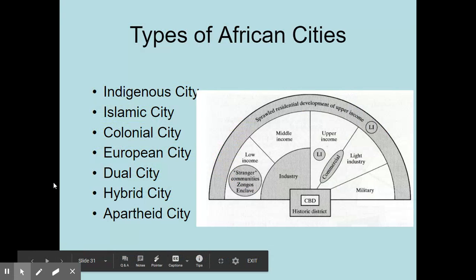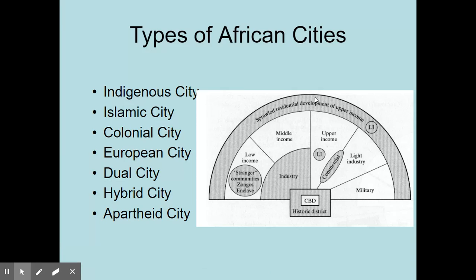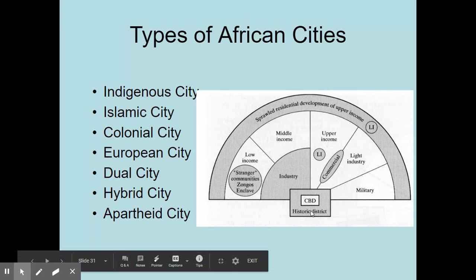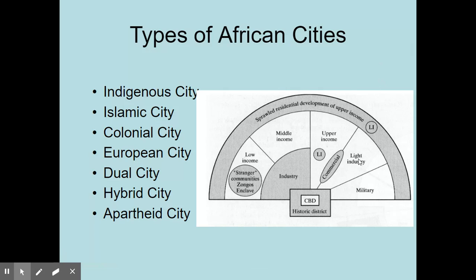Okay, and then for the rest of these diagrams that I've included in your notes, this is just to show the impact of colonialism, and especially white colonialism, on other parts of the world that influenced the way that their cities developed. So for this one, we're looking at the design of an African city.